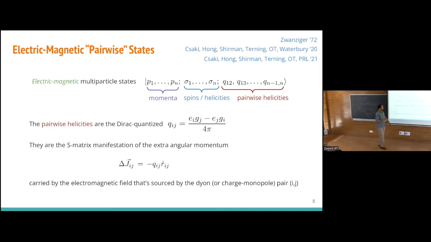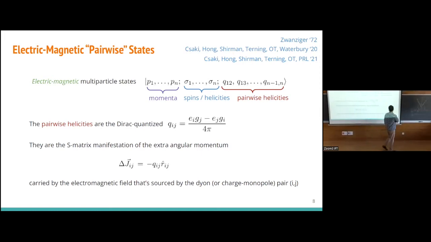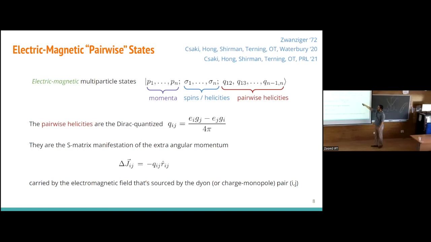And what we realized is the following. When I write down a multi-particle state, these are the momenta of the different particles, and these are the spin/helicities of the problem. There are extra quantum numbers here, which we call pairwise helicities. They are supposed to reflect the extra angular momentum in the electromagnetic field.